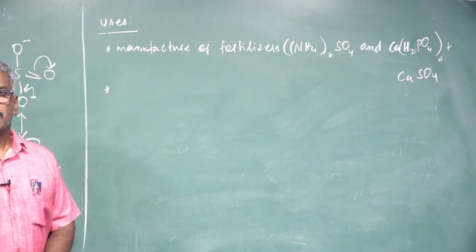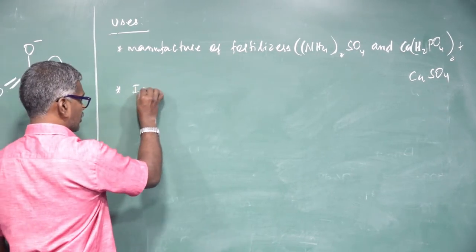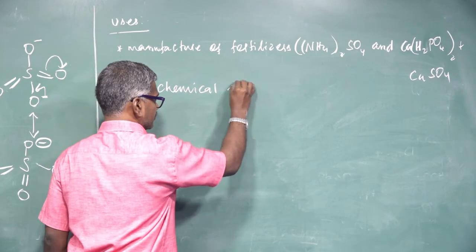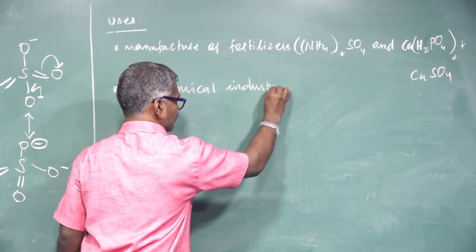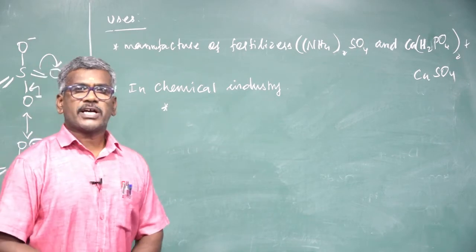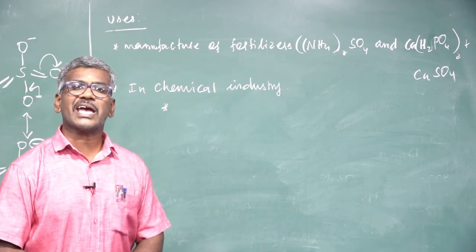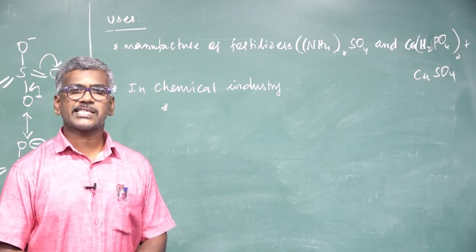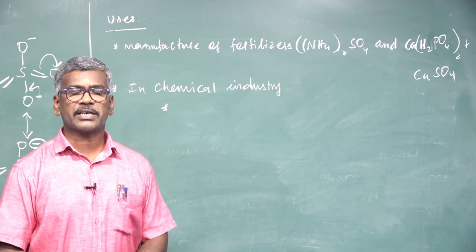Next point, in the chemical industry, point number 1, sulfuric acid is used to manufacture various chemicals like HCl, HNO3, orthophosphoric acid, sulfate and bisulfate.